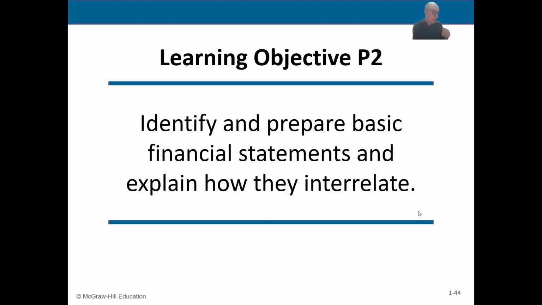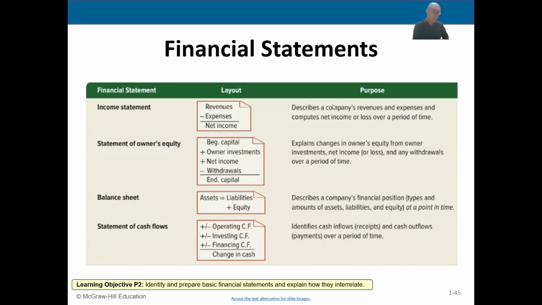Now, as I had mentioned very early on today, there are 4 primary financial statements that you need to be aware of. There's the income statement, balance sheet, statement of cash flows, and the statement of retained earnings, also known as the statement of owner's equity. The income statement shows us the sales, which represents revenue, and the expenses of the business for that month.